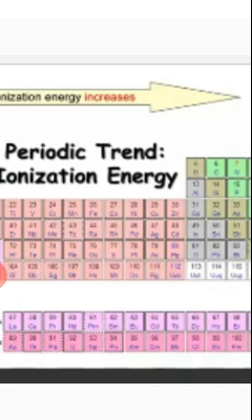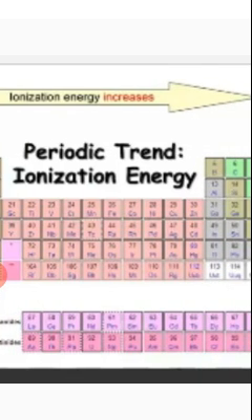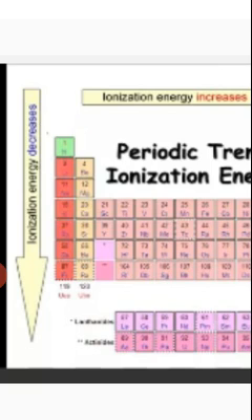And along the period, it increases because the size of the atom decreases continuously. When size decreases, loss of an electron becomes difficult. So ionization energy increases along the period and decreases down the group.